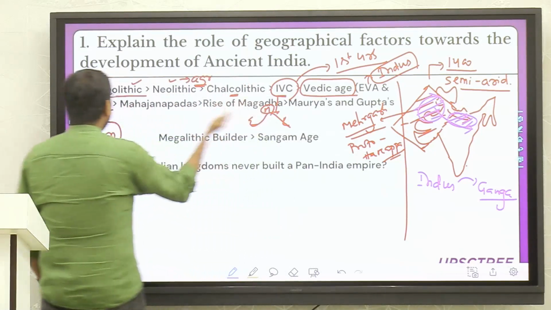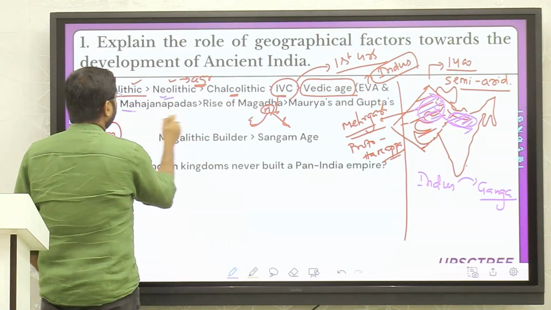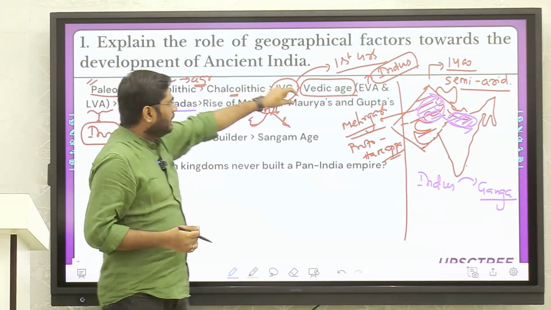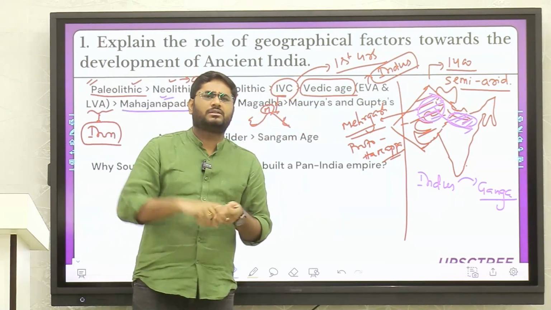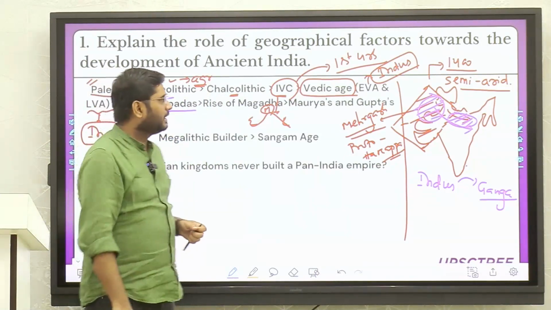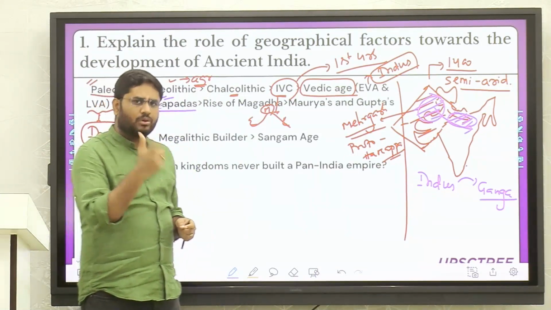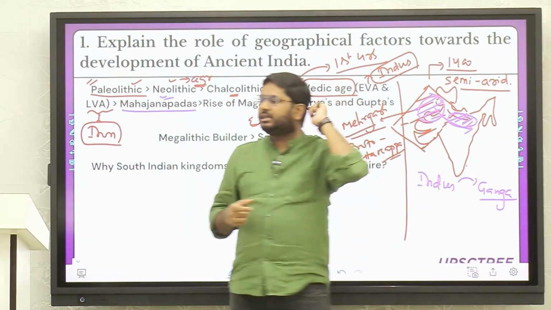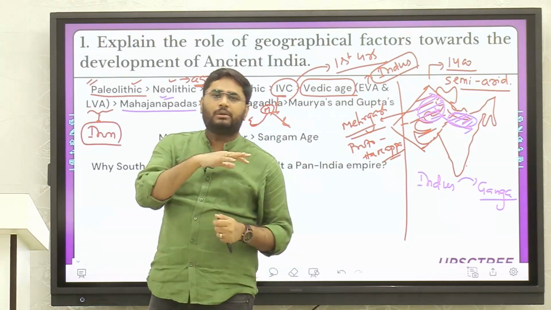Then after the later Vedic age, we will see the emergence of Mahajanapadas. What will happen after the fall of Indus Valley civilization? Ruralization will happen. People will start to migrate, and rural villages will be created. In the Vedic age we will see a rural economy, but towards the end of the later Vedic age, we see the highest political unit will be Janapada.